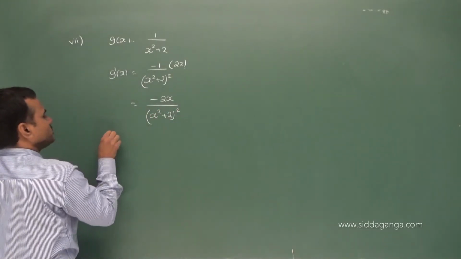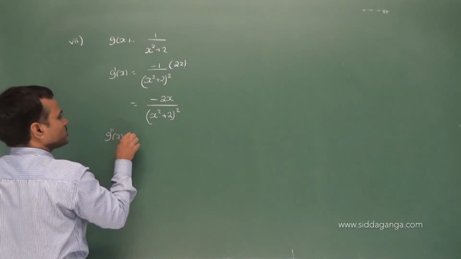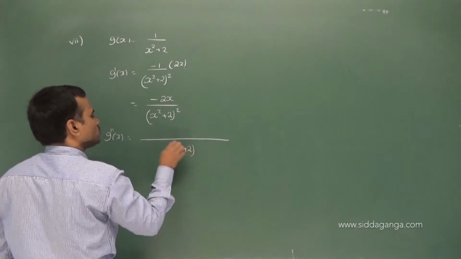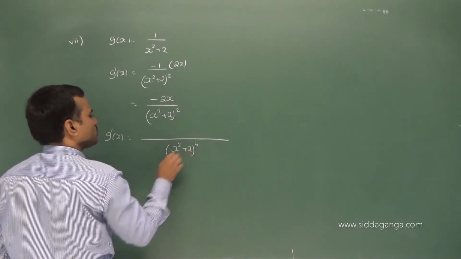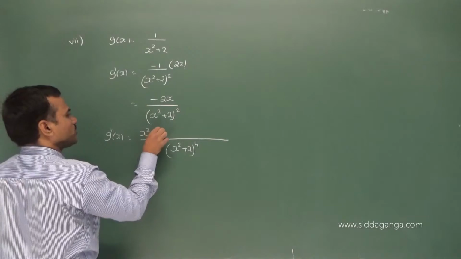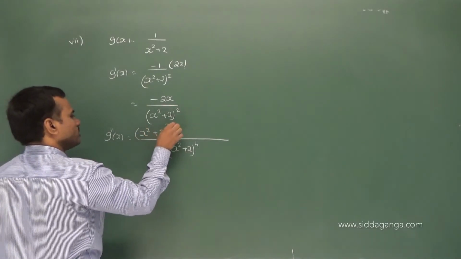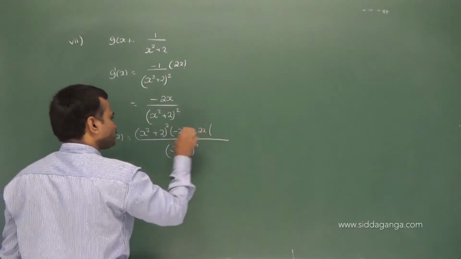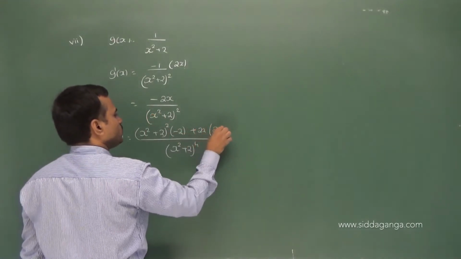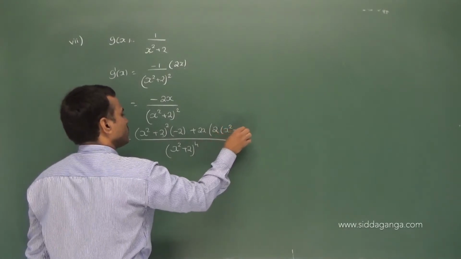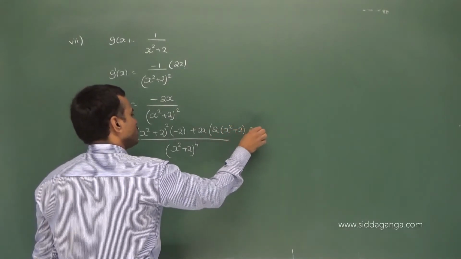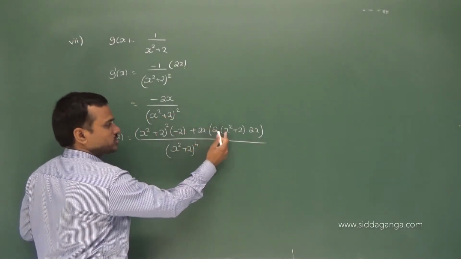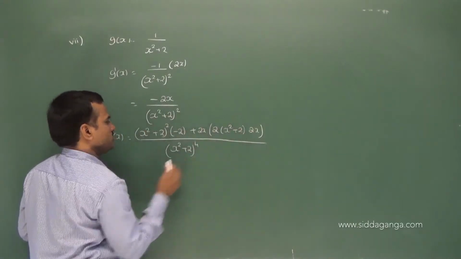Again we have to differentiate, g double dash of x, by using the quotient rule. x square plus 2 whole square means whole to the power 4. x square plus 2 whole square minus 2, minus into minus plus 2x, 2 into x square plus 2 into the derivative of x square, which is 2x. This is very important. Firstly we differentiate the power: 2 into x square plus 2, derivative of x square is 2x.